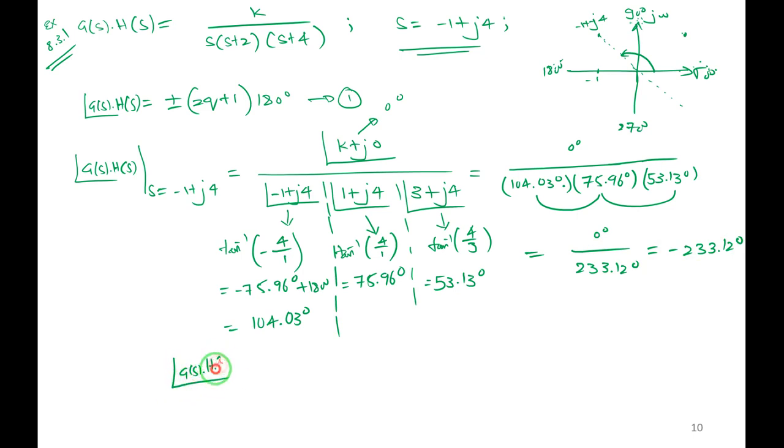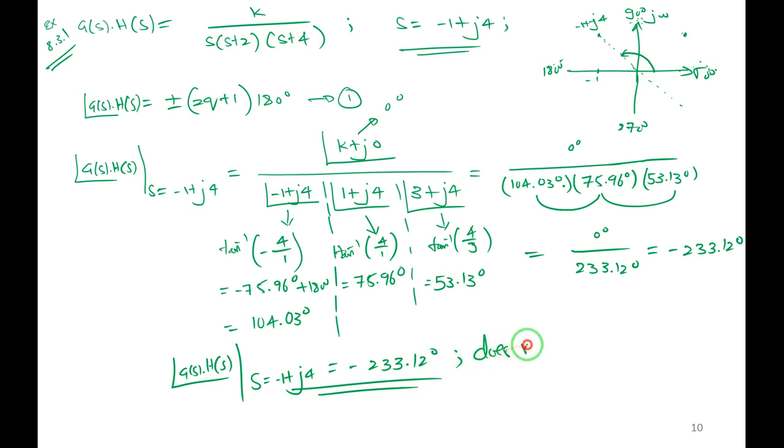for the point s equal to minus 1 plus j4, what I got is minus 233.12 degree. So this is not an odd multiple of 180 degree. So this does not satisfy the angle condition.